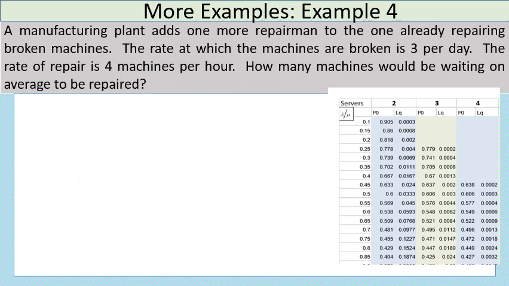So now we have a question about a manufacturing plant. They're adding one more repairman to another repairman that is already working there. So in total we have 2 repairmen.